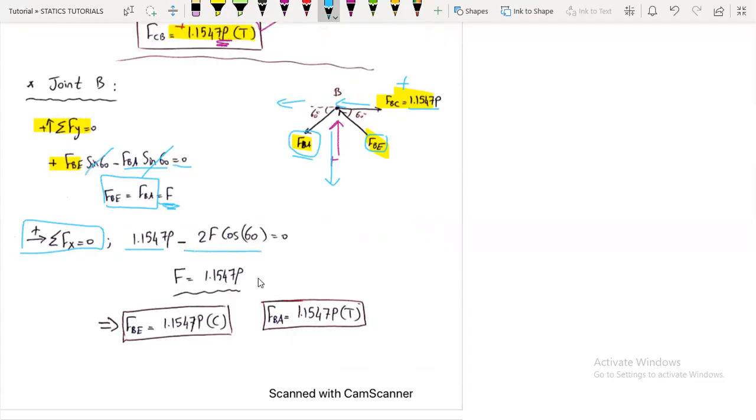So one equation, one unknown: F is 1.1547P. Since FBE and FBA are equal, FBE has the magnitude of F, but it is a compression force. I assumed it from the beginning to be a compression force, unlike FBA, which I assumed to be a tensile force, but they both have the same magnitude, F.